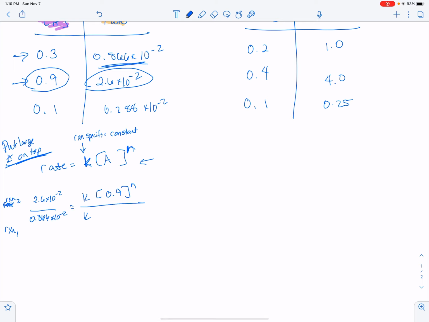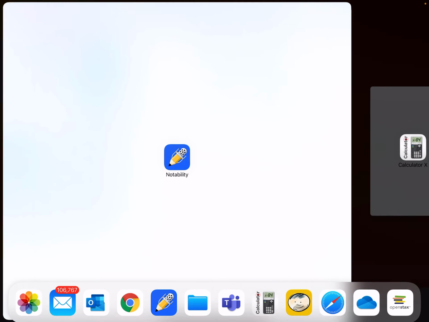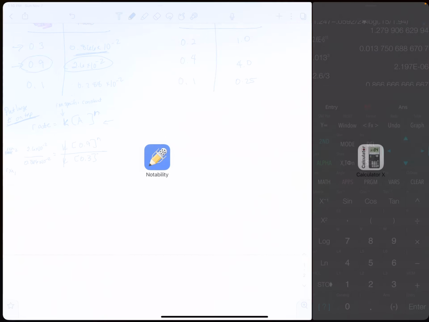It's the same K because it's the same reaction. It's reaction specific, constant throughout. 0.3 to the n. All right, so first of all, these two terms cancel. You might be able to see the math just by filling it in, but I'm going to go ahead and divide.